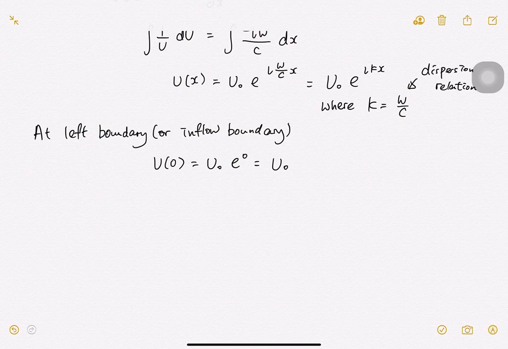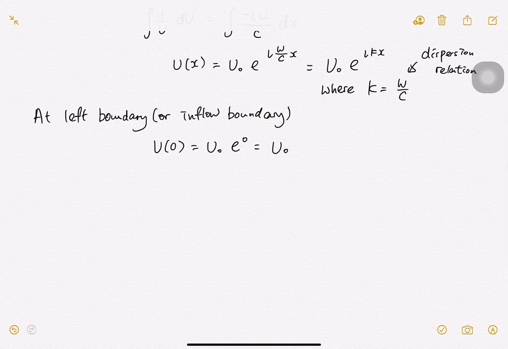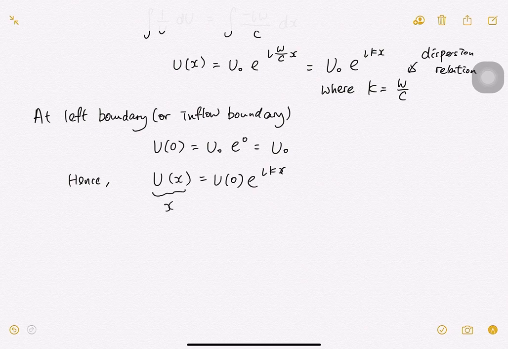Now we have the value of u naught, or u when x equals 0. Hence u of x equals u 0 e to the power of iota kx. Now we have an expression for the x dependent part.